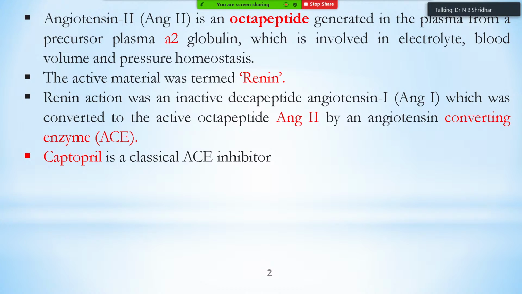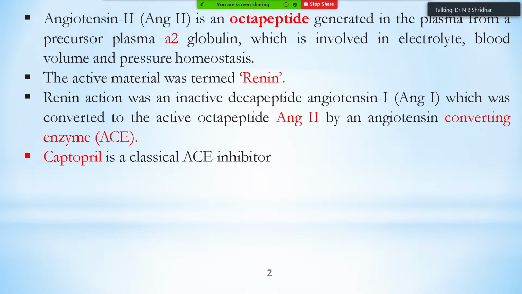The active material is termed renin. Renin acts on an inactive decapeptide, angiotensin 1, which is converted to the active octapeptide angiotensin 2 by angiotensin converting enzyme, that's called ACE.